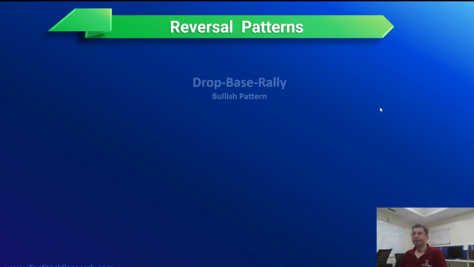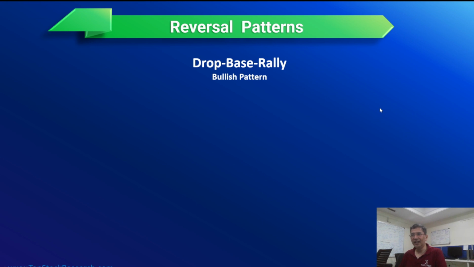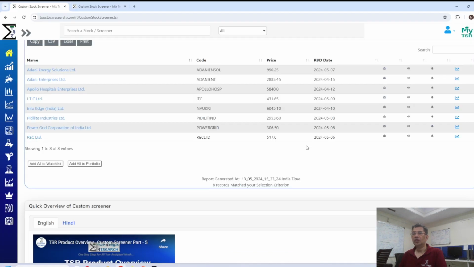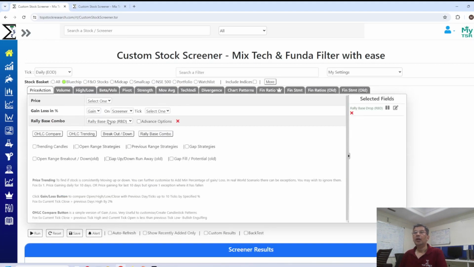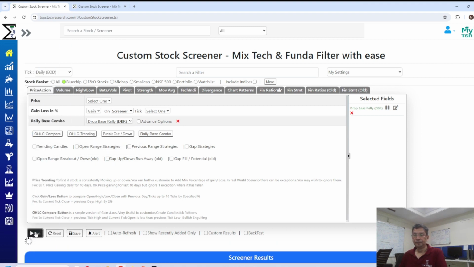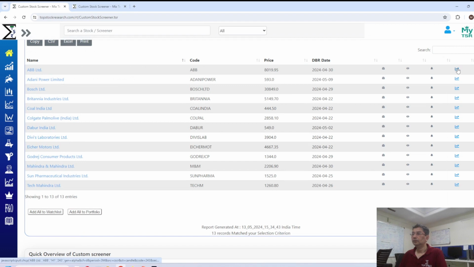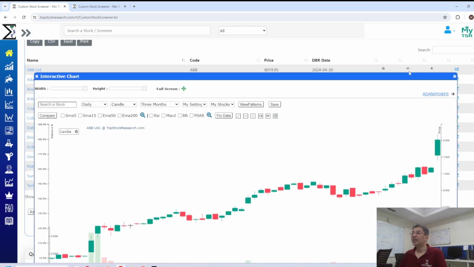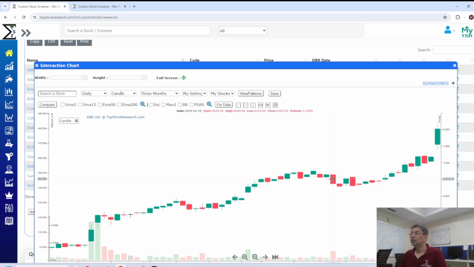Okay. Next option is drop base rally. Again a reversal, but in this case it's a bullish pattern. So when we look at drop base rally, the example here is 30th of April.